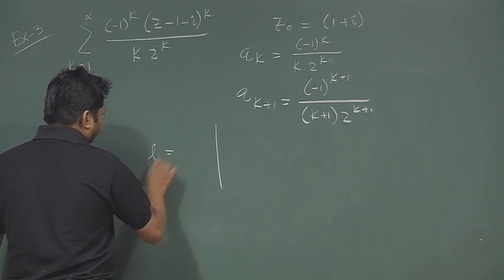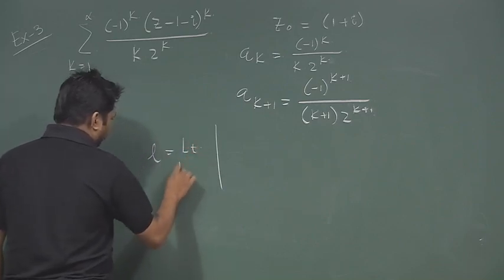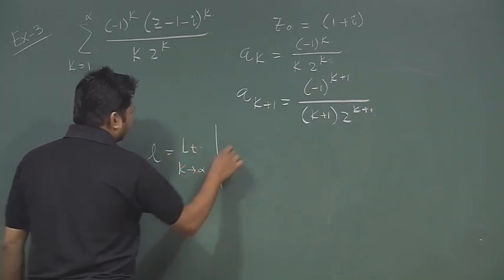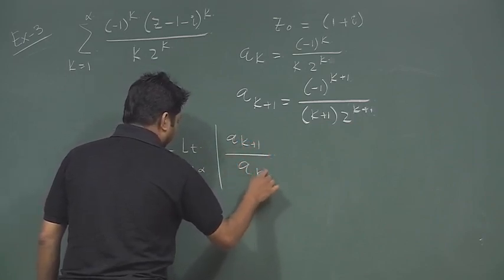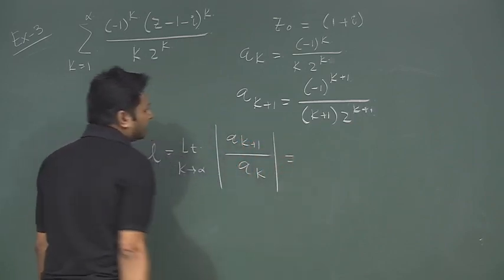L is the limit as k tends to infinity of the modulus of a k plus 1 over a k. Quite mechanical, but if you practice then it will be good.